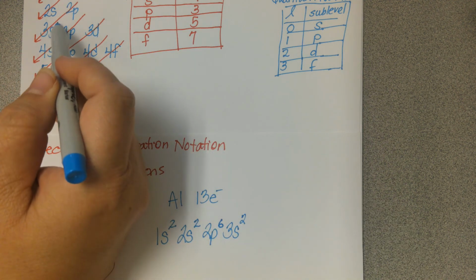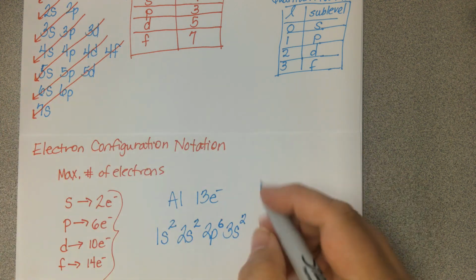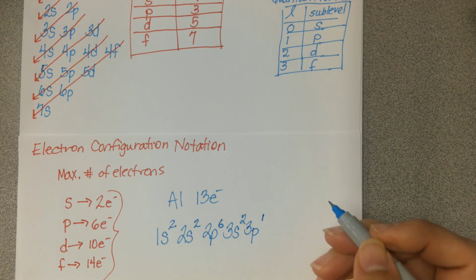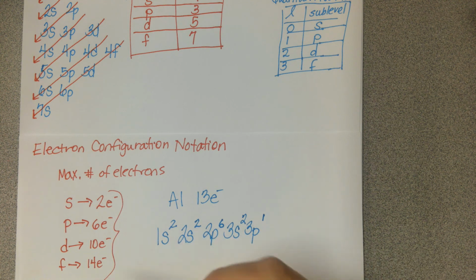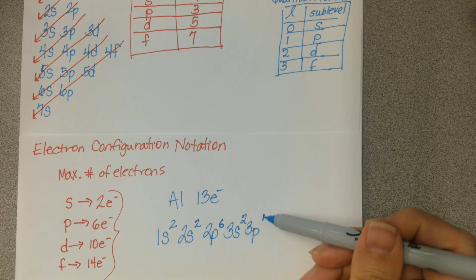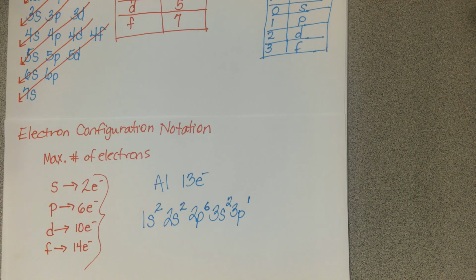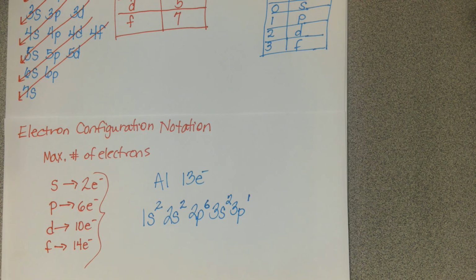So after 3s comes 3p, and I could put up to 6 electrons, but I only need 1 more. So that is aluminum's electron configuration, or electron configuration notation. So we're showing how many electrons, instead of showing each individual orbital.